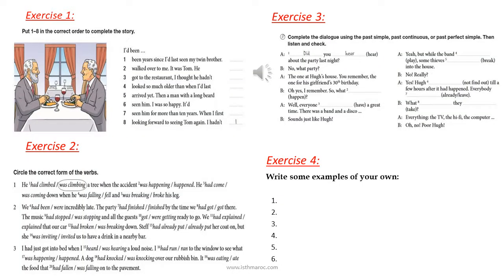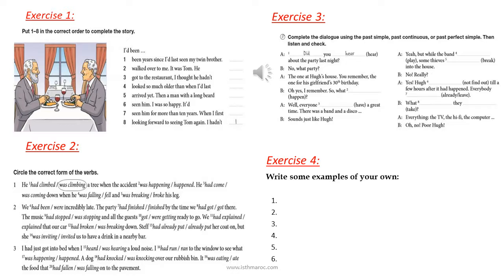Exercise 3. Did you hear about the party last night? No, what party? The one at Hugh's house. You remember, the one for his girlfriend's 30th birthday. Oh, yes, I remember. So, what happened? Well, everyone was having a great time. There was a band and a disco. Sounds just like you.